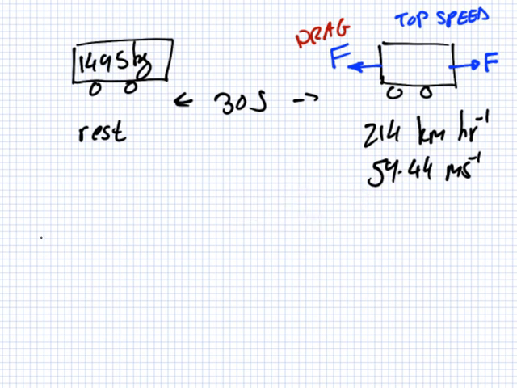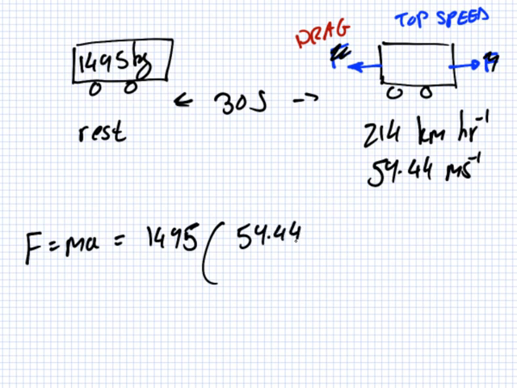Let's just use Newton's law for a moment. Newton said F equals ma. Great, do we know the m? We do. Do we know the a? We don't know it now, but we could know it. It's going to be v minus u over t.